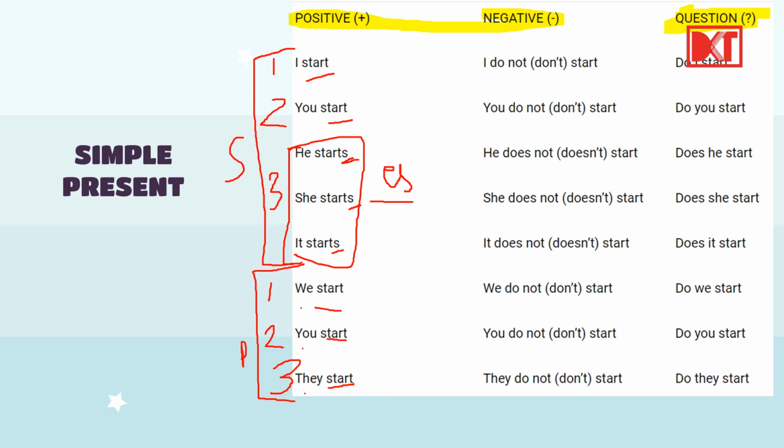Now we move to the negative sentences. Negative sentences, we insert either do not or does not. Now for the third singular person, we insert does not. And for the rest of them, we insert do not.